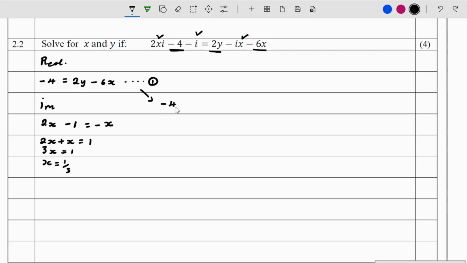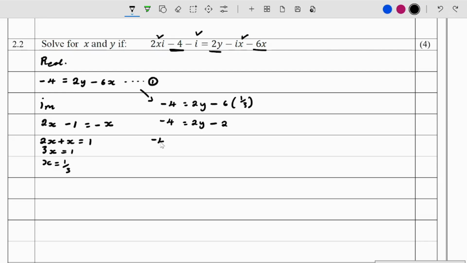So if x is 1 divided by 3, I'm going to substitute into this equation here. I'll have my negative 4, which is equal to 2y, minus 6 into 1 divided by 3. That means negative 4 will be equal to 2y. Negative 6 multiplied by 1 divided by 3 is going to give us negative 2. Take it to the other side, it is going to be positive.